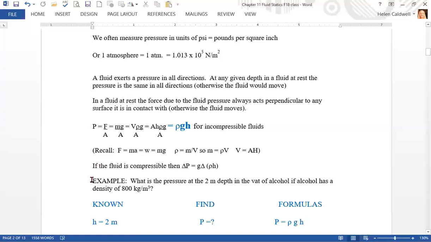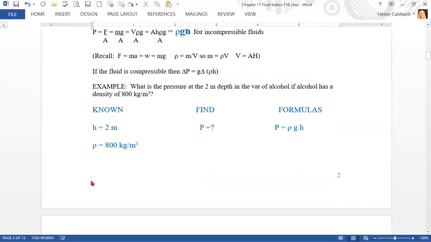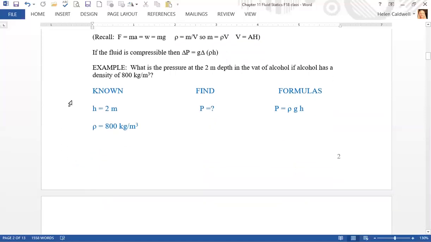Let's see where we would use that. P equals rho g h, you need to know that. Let's see how we can apply it. We want to know the pressure at a depth of 2 meters in a vat of alcohol, if alcohol has a density of 800 kilograms per cubic meter. So we know that h is 2 meters and that rho is 800 kilograms per cubic meter, and we want to find the pressure. Well, P equals rho g h.